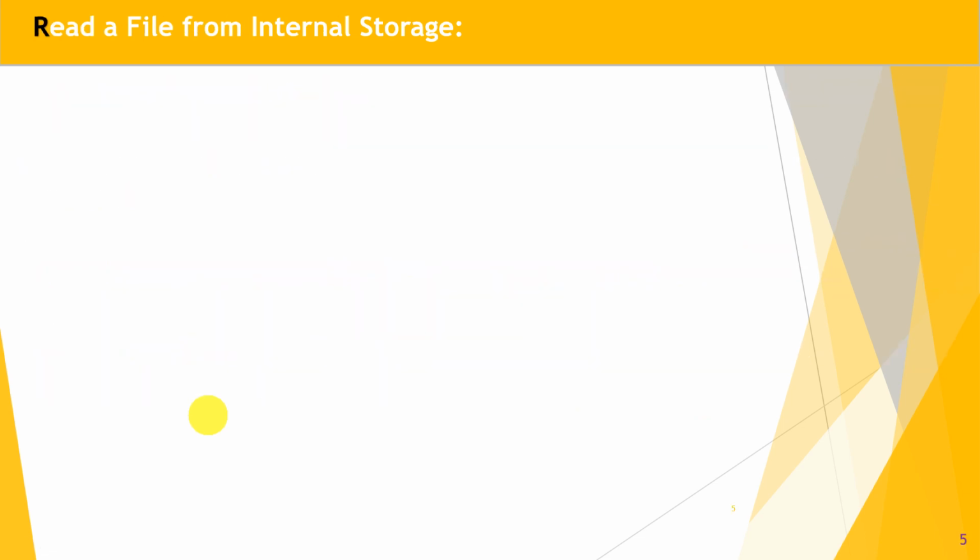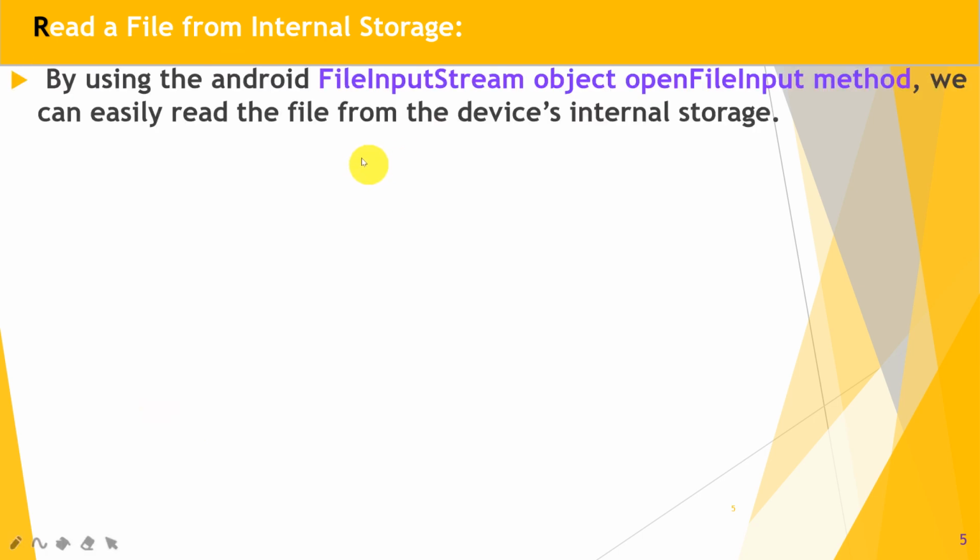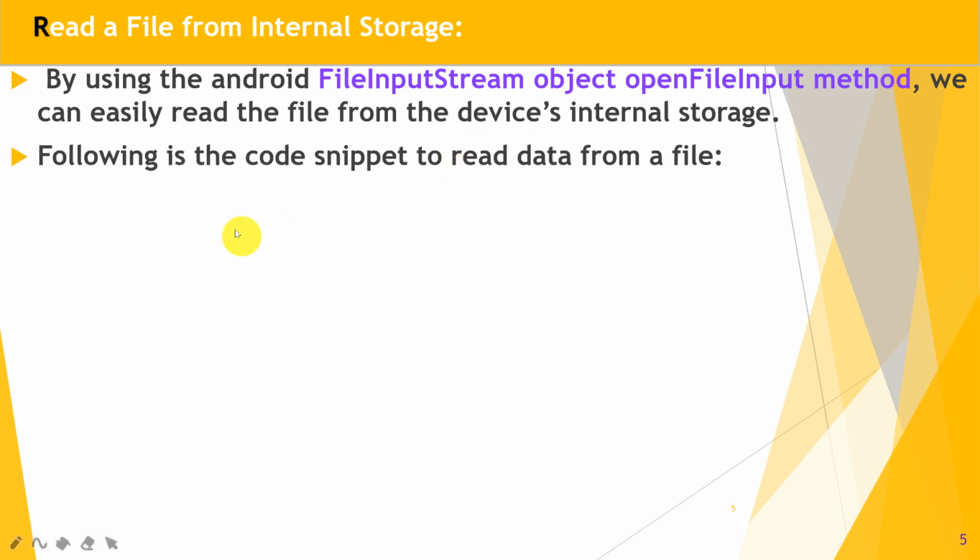Let's move to the next point, that is read a file from the internal storage. By using Android FileInputStream object and open file input method, we can easily create the object of FileInputStream, and then using the object of FileInputStream we can read the data using different methods easily. Okay, so following is the code snippet for reading the data from the file.